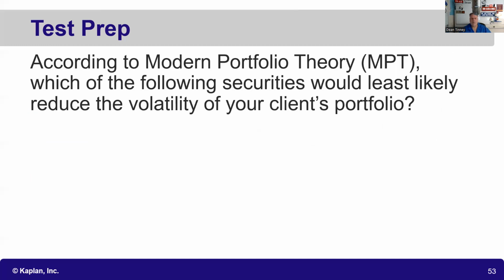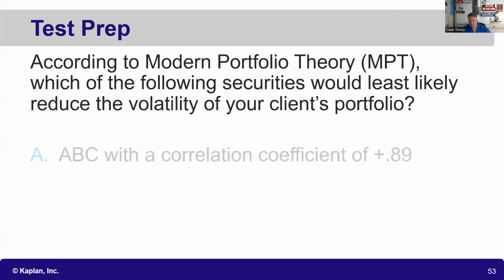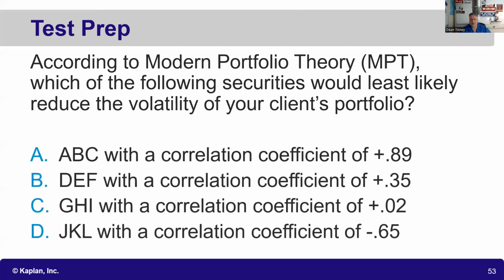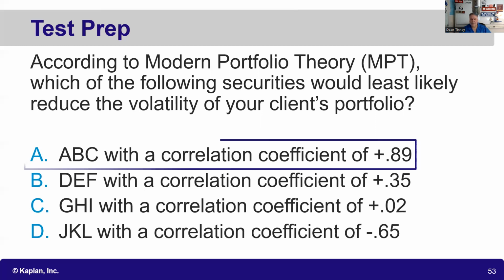According to modern portfolio theory, which of the following securities would least likely reduce the volatility of your client's portfolio? Theory isn't truth, it's just a way of explaining things. Now, remember, this is the opposite of the previous question, right? You really haven't accomplished much in terms of modern portfolio theory by putting a stock into the portfolio that goes the same direction at almost the same rate.